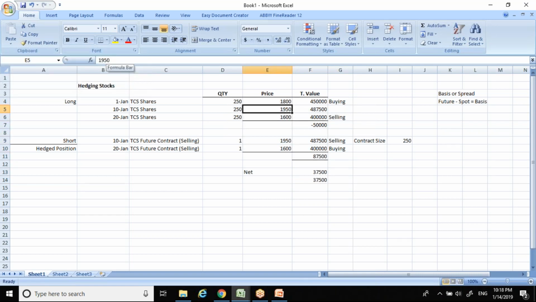So you actually lock down your profit of around 37,500, no matter where the market goes. Now let's suppose the market went down, so I made a profit of 37,500. You locked in your profit. So this was your profit earlier, around 150 rupees per share, which you wanted to lock down.